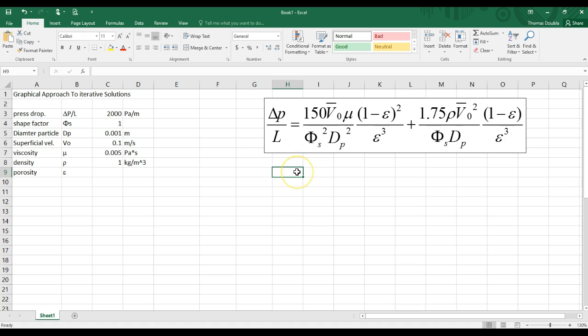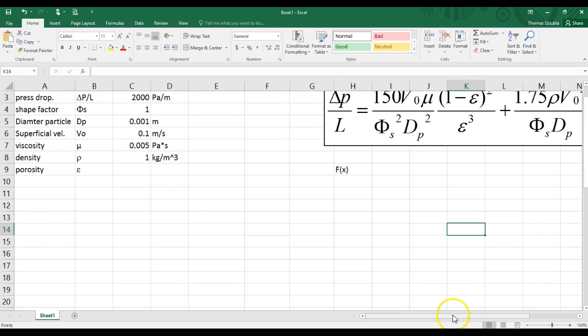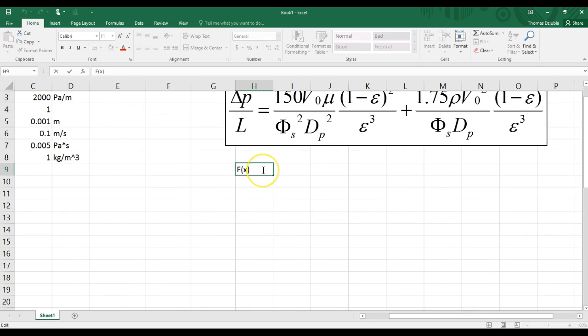So how can we do that? Well, the simplest way is to think in terms of functions. If we have a function of x, in this case, let's just say it's x instead of epsilon as we have above. Let's say we have f of x. Now, in an expression, if we have f of x equal to some massive thing, if we bring all the terms in that expression onto one side, then we know that function, when everything is satisfied, is going to equal 0.